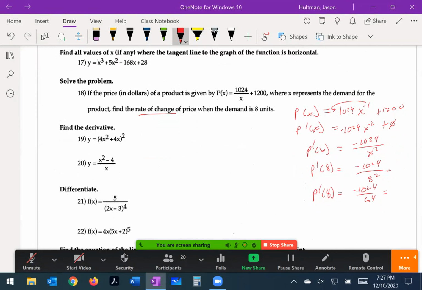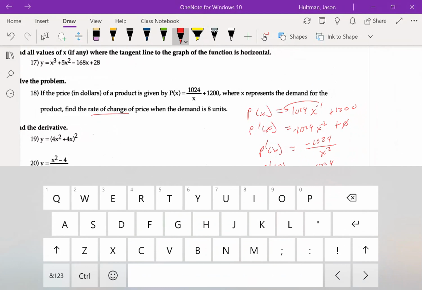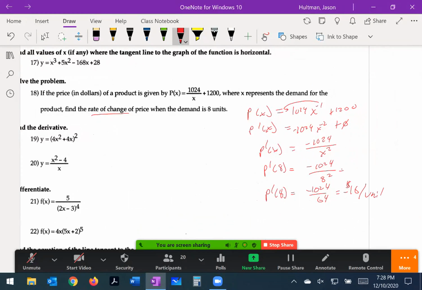Okay, and so does that reduce? 64, yeah, that's 16. Negative 16 dollars per unit.